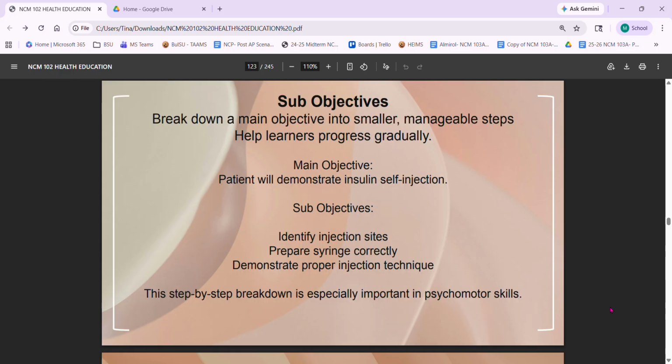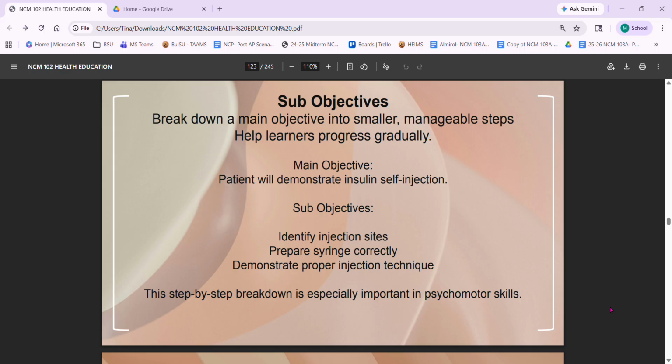Okay? Now, when you say sub-objective, okay, so meron kang objective, may sub-objective pa. So, yung objective, break down mo pa, okay, pinaliit mo pa, okay, para mas manageable yung step. In that way, na-help nyo yung learner to progress gradually. So, let's say, for example, yung main objective mo is a patient will demonstrate insulin injection.